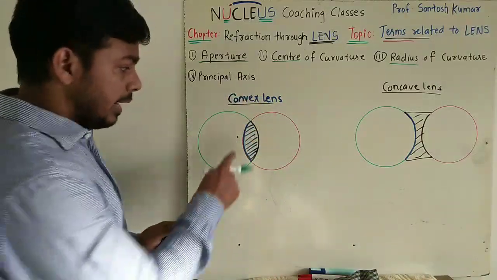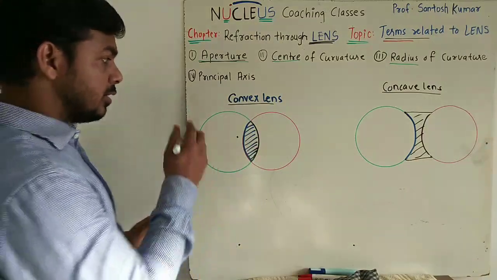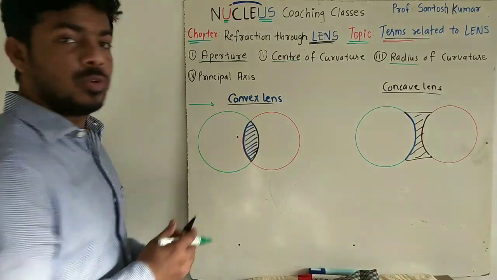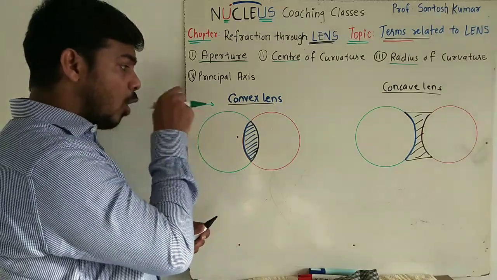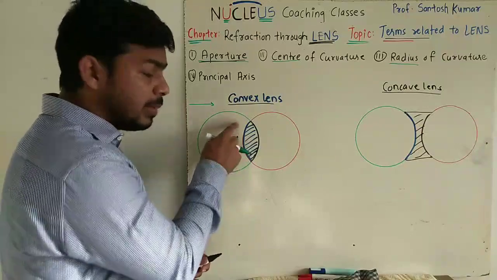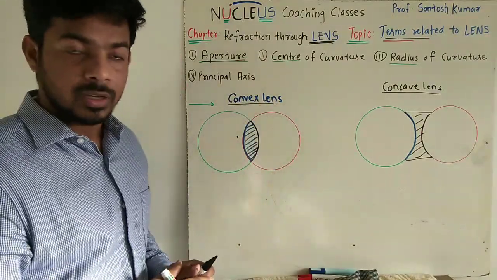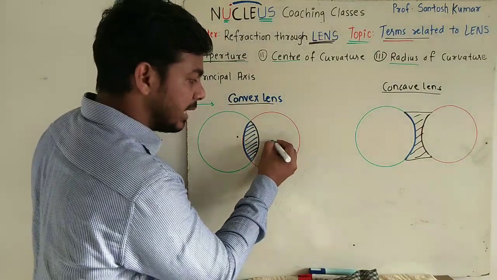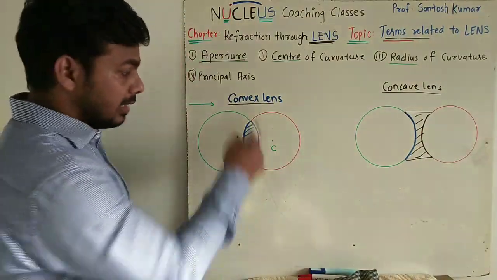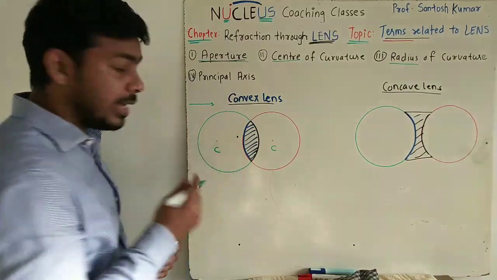But remember, it has two refracting surfaces. Always we check from left to right, so the ray always travels from left to right. The ray will strike the blue surface first, which is a part of this red sphere. The red sphere will have some center, C, and the green sphere will have some center, C, you can see, right?